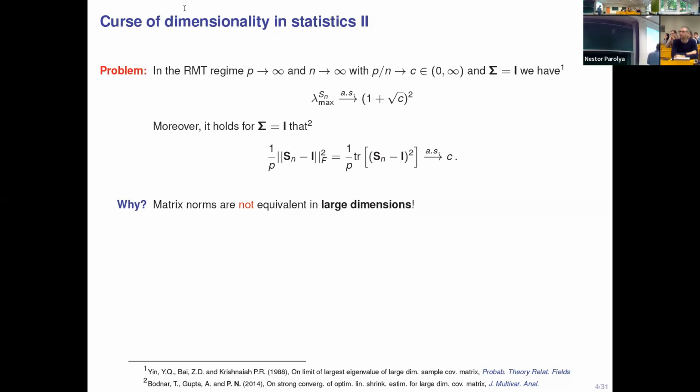Moreover, if you think, okay, maybe I take the Frobenius norm of the difference between the sample covariance and the identity, because the identity is now the true covariance matrix, right? And divide by the dimension, hoping that maybe this is converging to 0, but it's not. We already showed this with Taras some time ago. It's a constant c, almost surely. So it's dimension over the sample size.